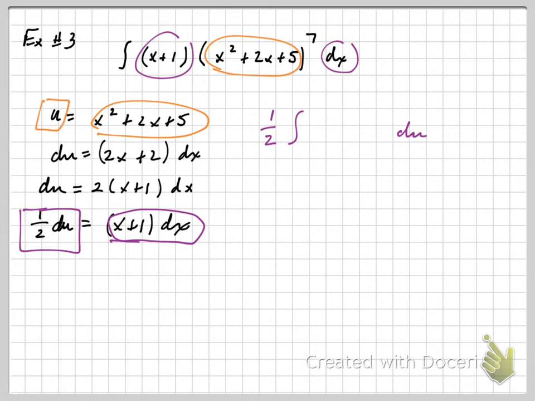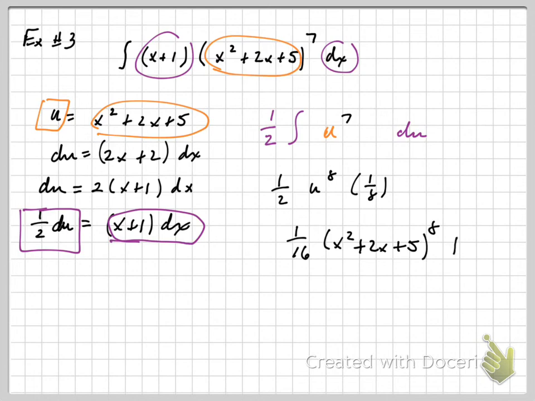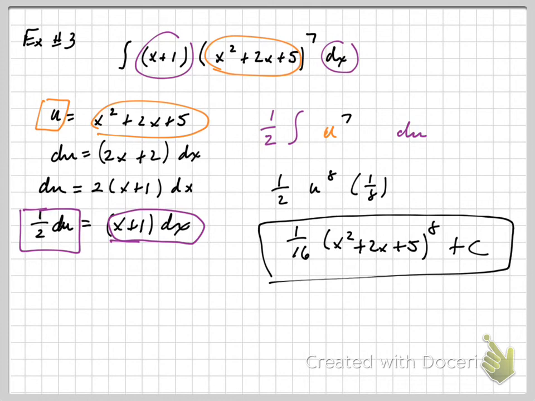I'm going to put a u in place of that. And if we go back to black, this is going to be 1/2 u to the 8th divided by 8, which is going to be 1/16, and when I resubstitute, x squared plus 2x plus 5 to the 8th power plus c. Give you a moment to copy that down.